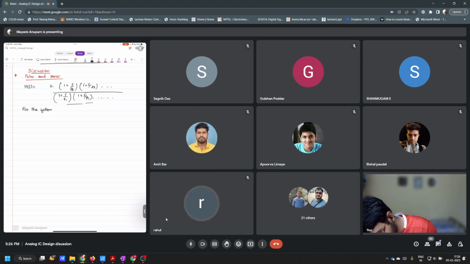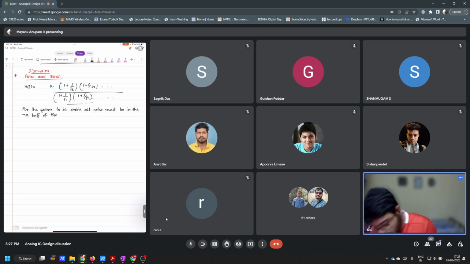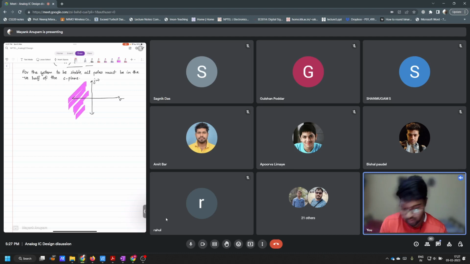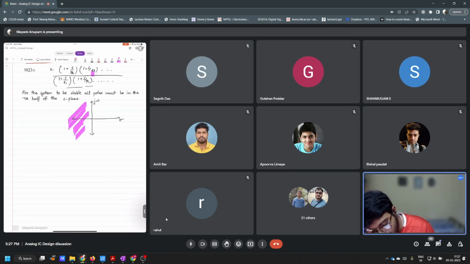For the system to be stable, all poles must be in the negative half of the s plane. If you have this s plane here, this is sigma, this is j omega, so all the poles must lie in this region, right? Correct. So is there any constraint on zeros for stability?